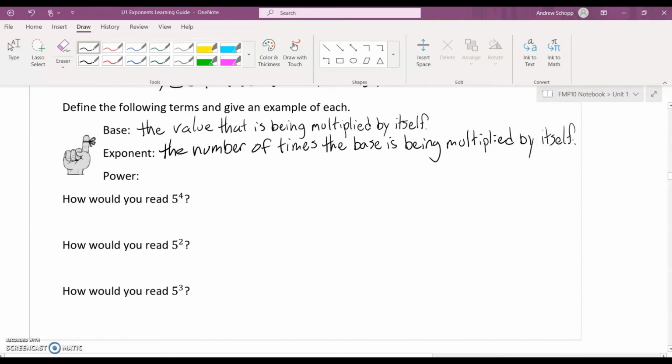And last, when we combine a base and an exponent, we get a power. And a power is an expression that represents repeated multiplication.